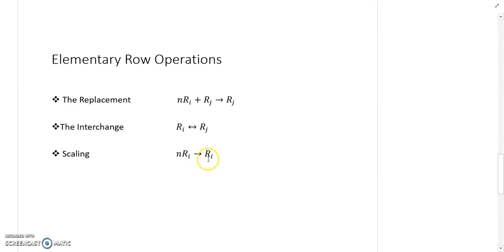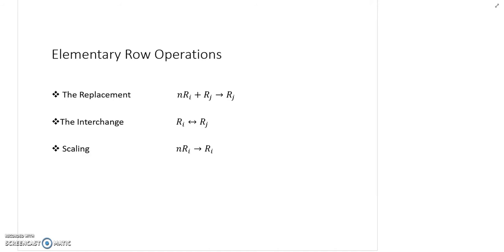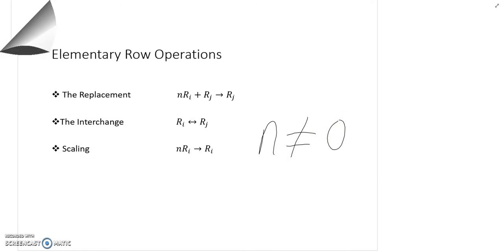There are many different ways to use these row operations when solving an augmented matrix for a system of linear equations. One more note: anytime you use the replacement or the scaling, the constant can never equal 0.